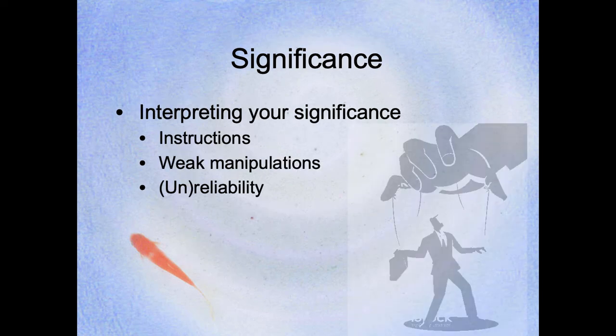So if you don't get significance, one thing you need to ask yourself is why, right? Sometimes studies can lack instructions. If it's a survey or even an experimental sense, they could come into a lab study and not know exactly what they're supposed to be doing. If it's an experimental study and you didn't do pilot studies, the manipulations could be weak.